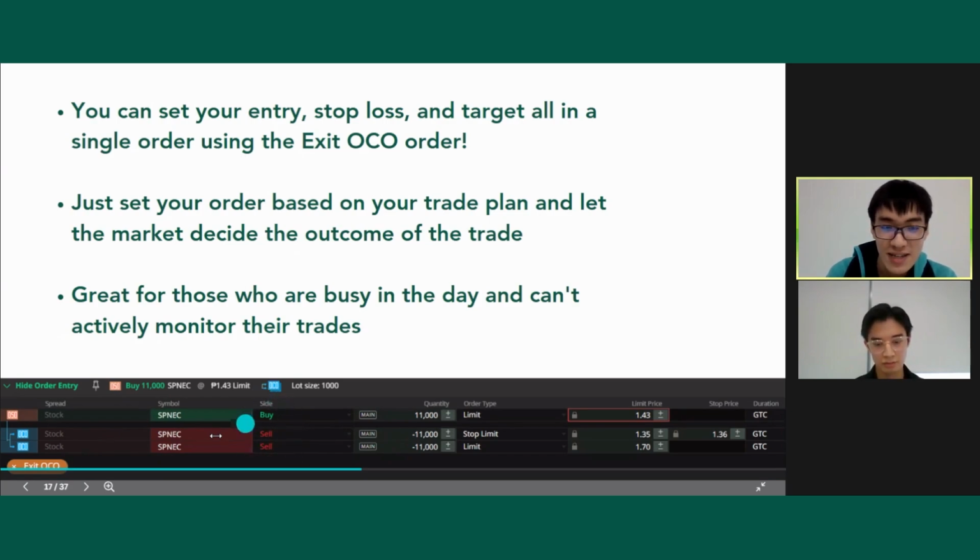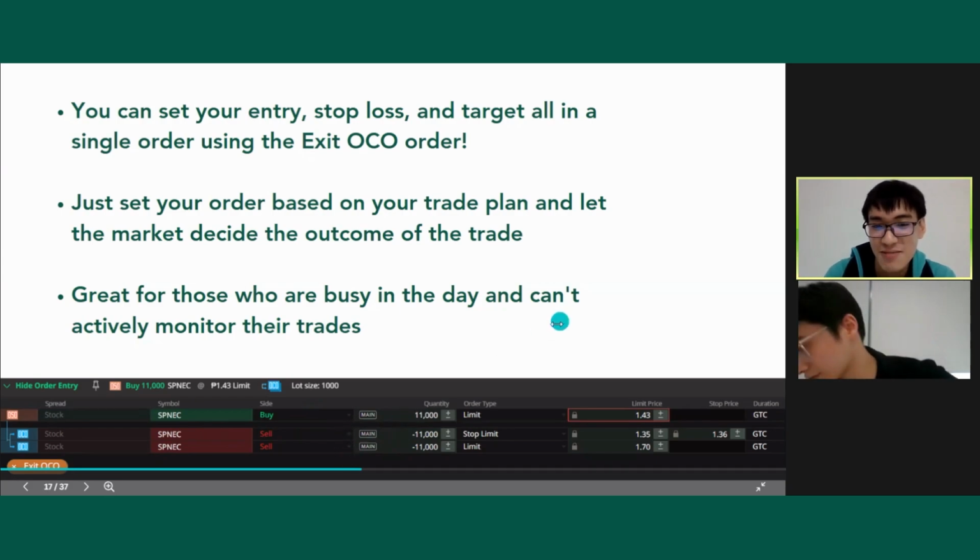So once na-hit yung buy, it will activate yung stop loss mo and yung target sell mo, di ba? So once you execute yung buy order, ganito na lang. Di ba? So you're just gonna wait kung tatama ba siya sa stop loss mo or it will hit your target price. Di ba? At mag-take profit ka.